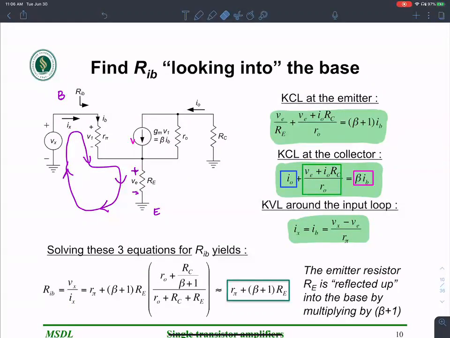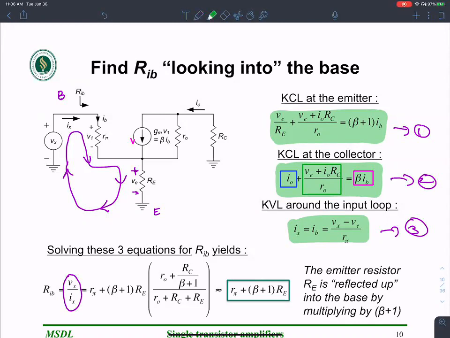So now it's just a matter of massaging these equations 1, 2, and 3 to express it in terms of Vx over Ix.